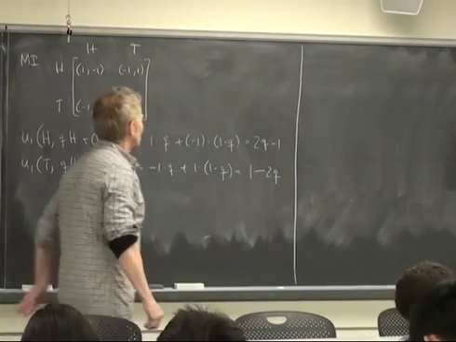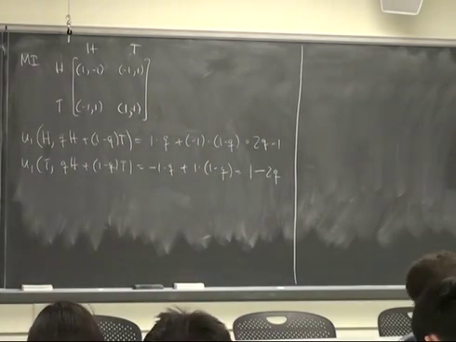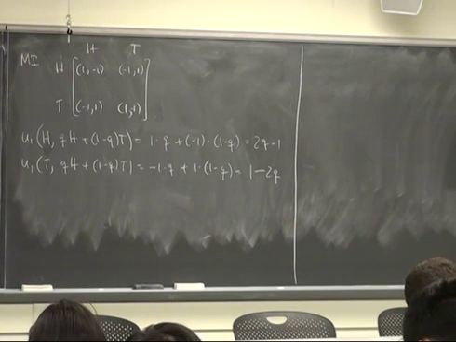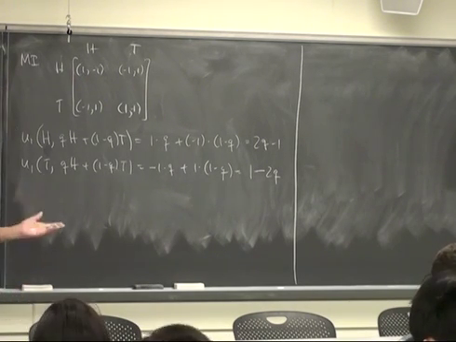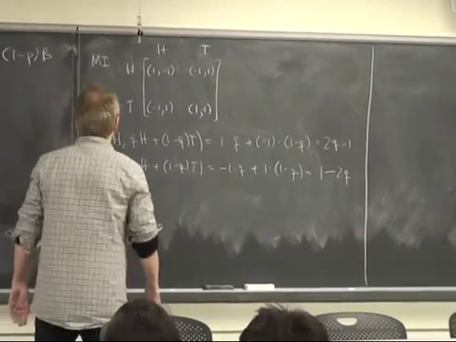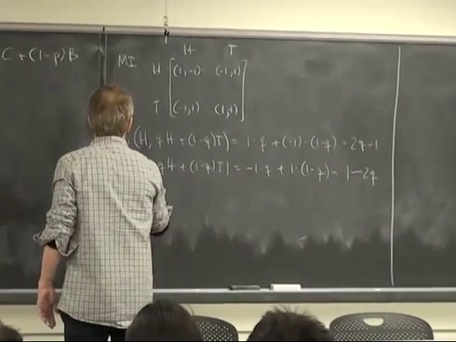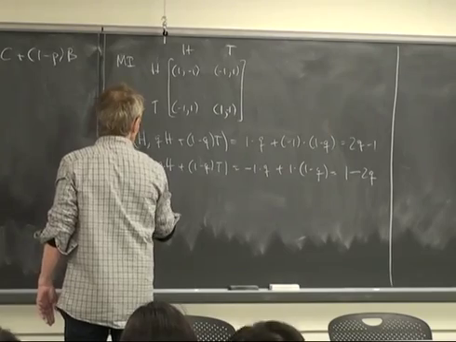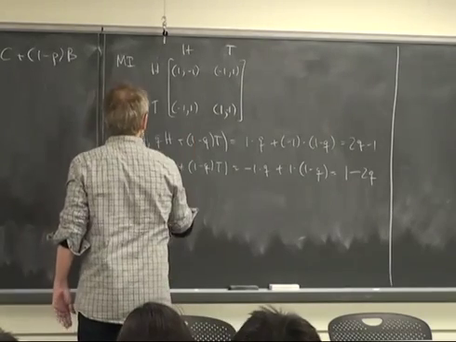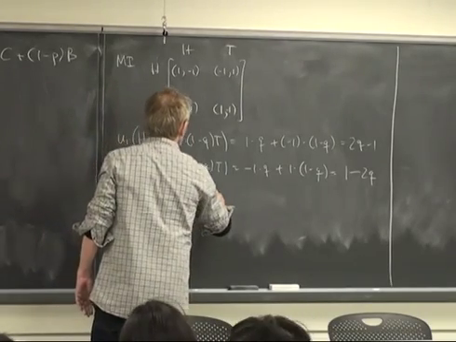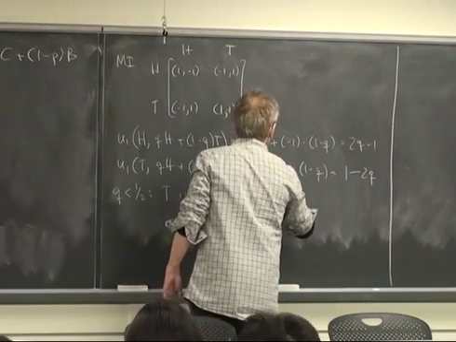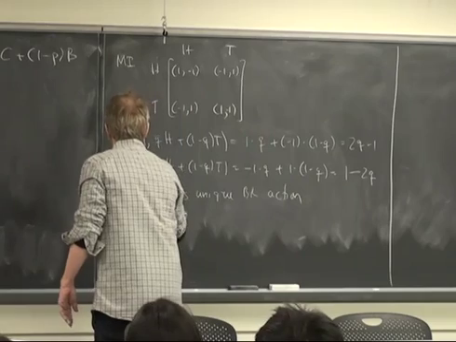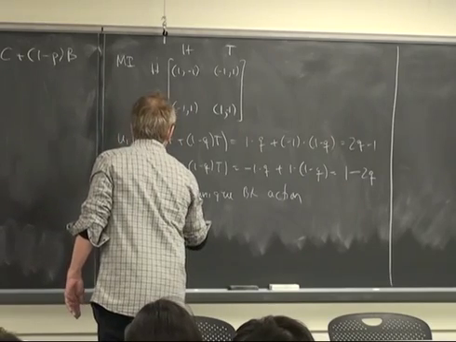So it's the opposite of that. And those things cross over when Q is equal to 1/2, at which point they're both 0. So if Q is less than 1/2, T is the unique best reply action for player 1. If Q is bigger than 1/2, H.